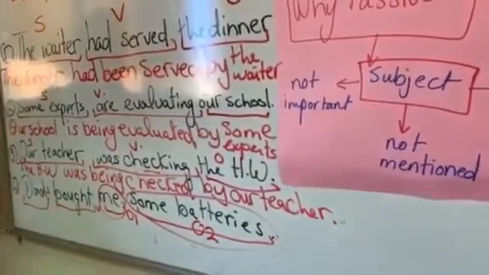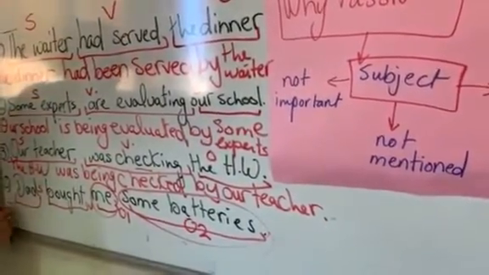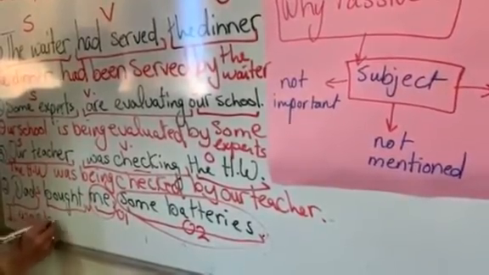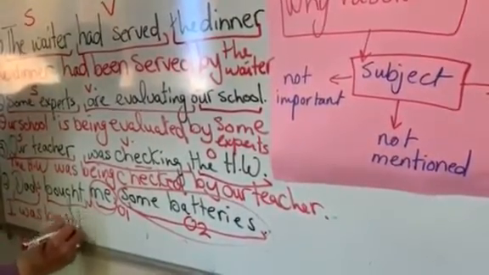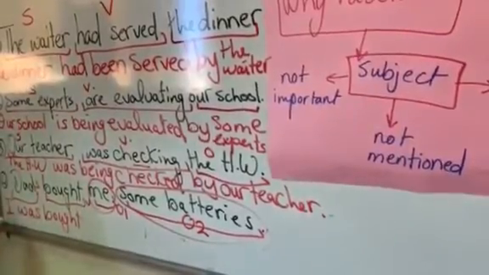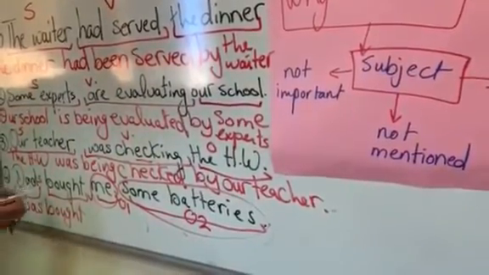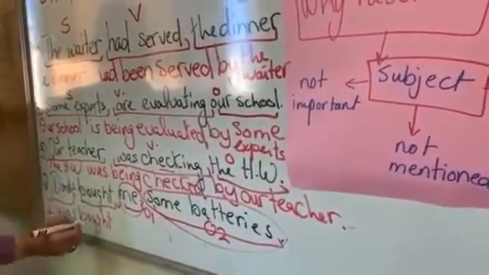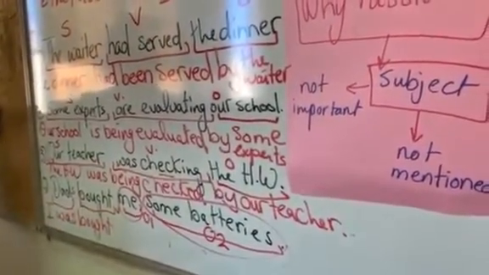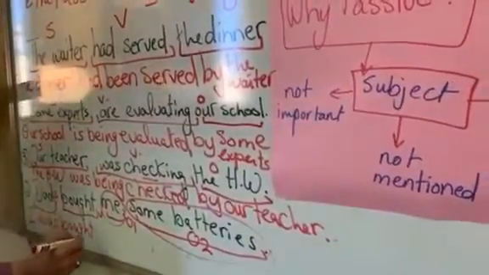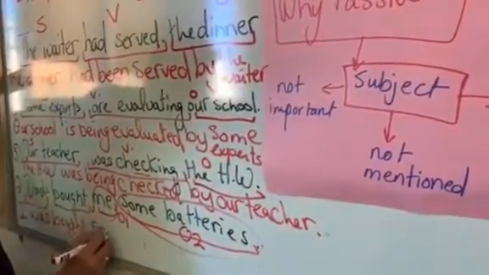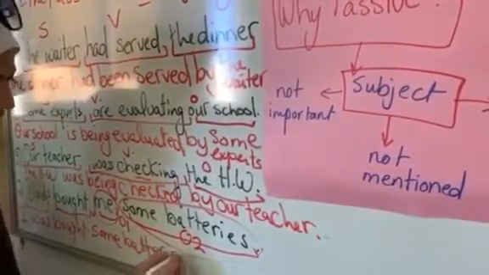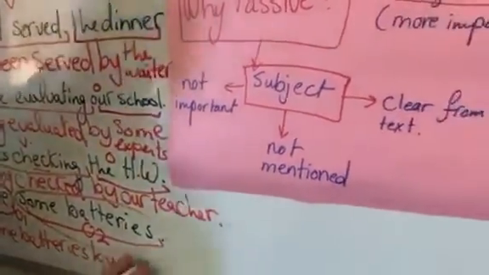First, I'm going to use me. I was bought. Why did I write was bought? Was, verb to be, in the same tense, past simple, and bought is the past participle of the main verb. Okay? I was bought some batteries by my dad.